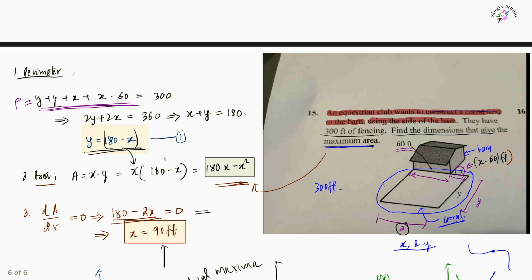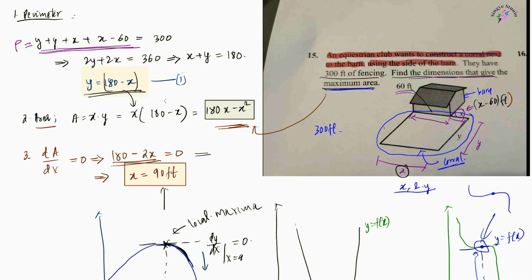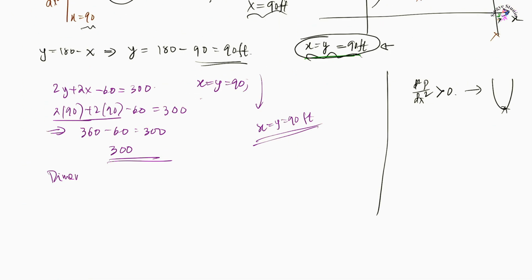Okay, now the final thing is, the question says find the dimensions that give the maximum area. So the dimensions are x equals y equals 90 feet, and if you compute the area, this area will be the greatest. Okay, area equals x squared, because x equals y, right?